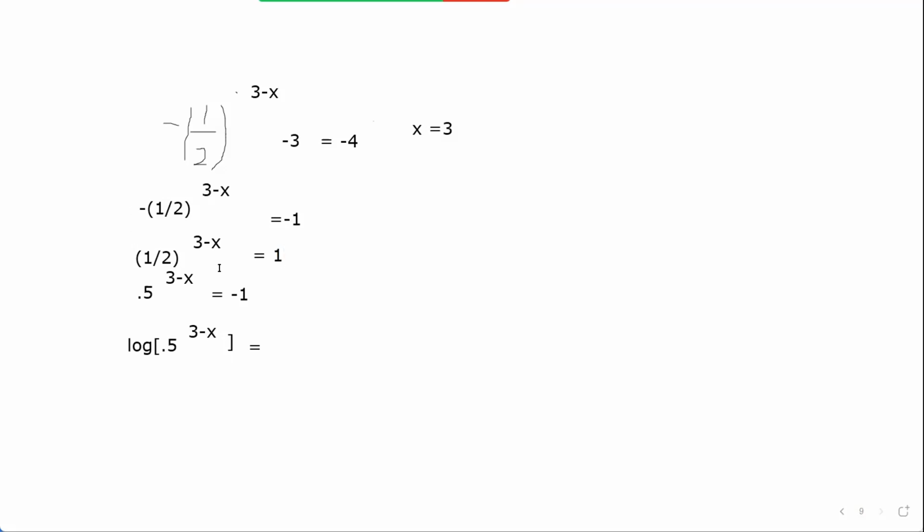Yes. Because essentially this is the same step here. This needs to be equal to +1 here. And then this is equal to the log of 1, right?